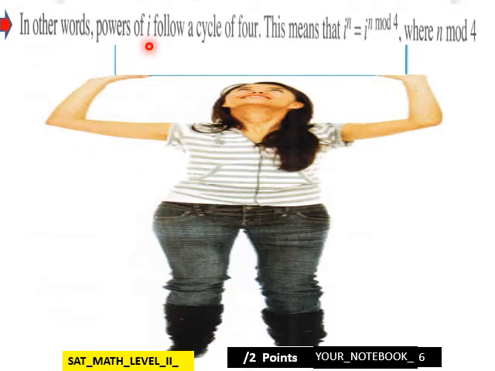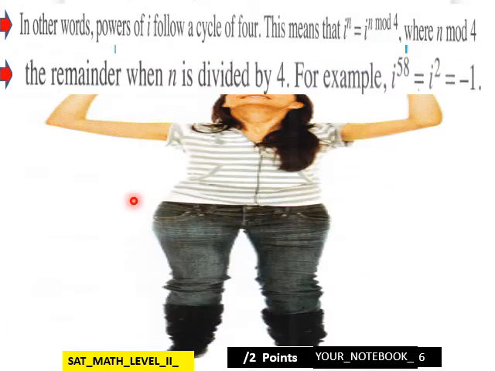In other words, the powers of i follow a cycle of 4. This means that i to the n equals i to the n mod 4, where n mod 4 is the remainder when n is divided by 4. For example, i to the 58th will equal i squared, which equals negative 1.